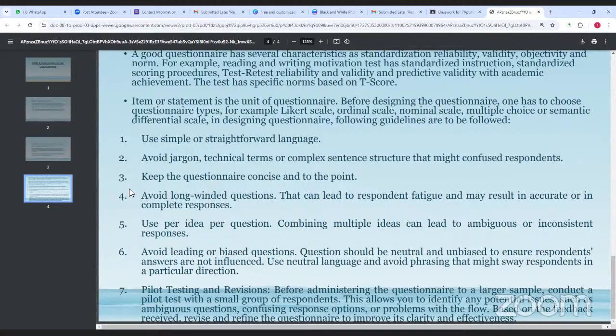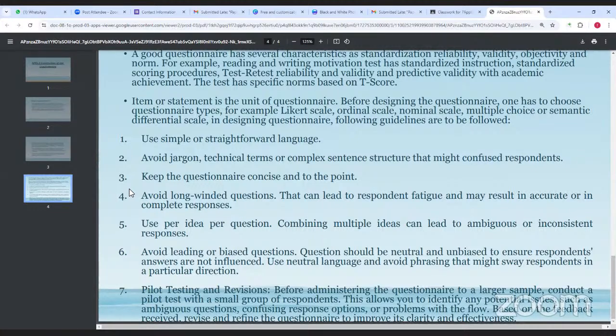Okay. Yes, sir. And after that, you have to collect a large number of data so that the data can show normal distribution.